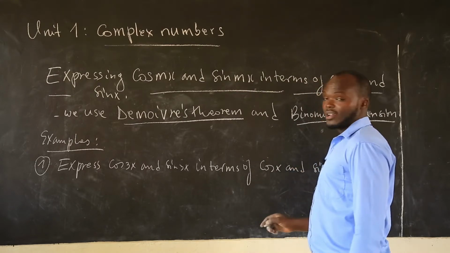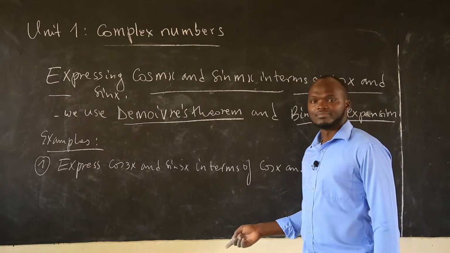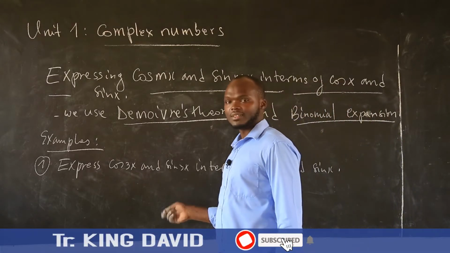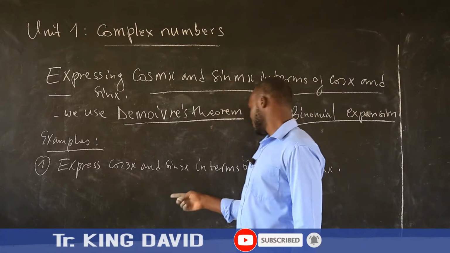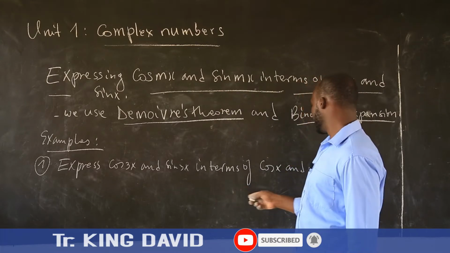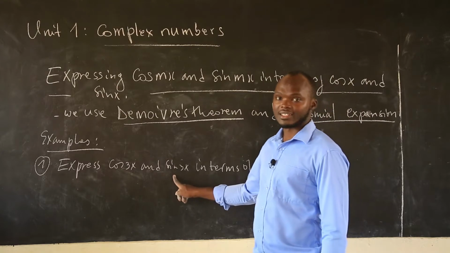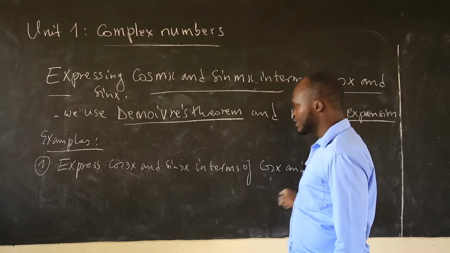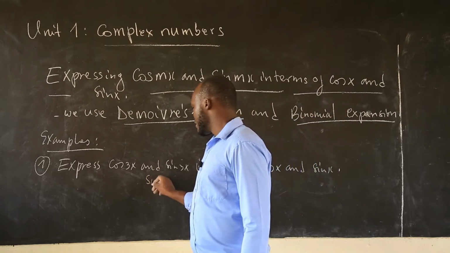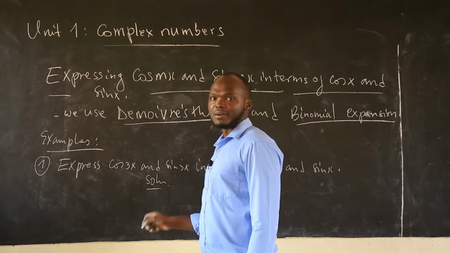Remember, you can also use trigonometry to express this. You can use the factor formula to express cos 3x in terms of cos only and sin 3x in terms of sin x. Now we're going to see how we can express that by using complex numbers.